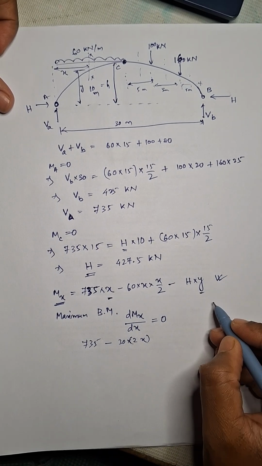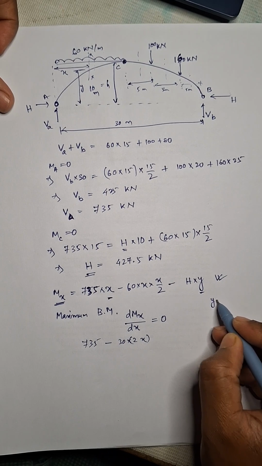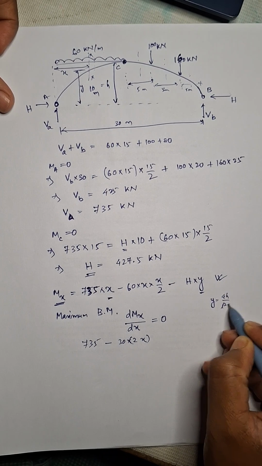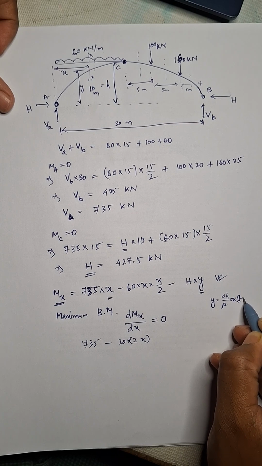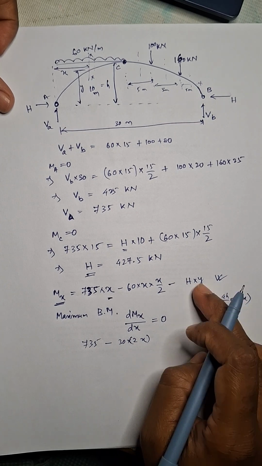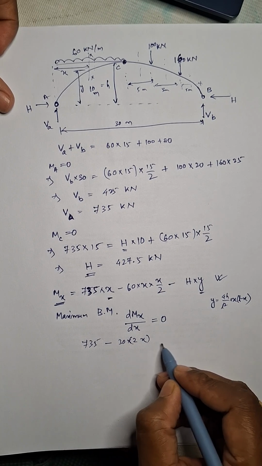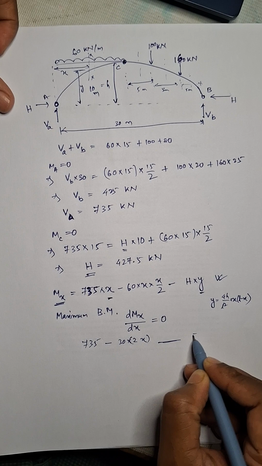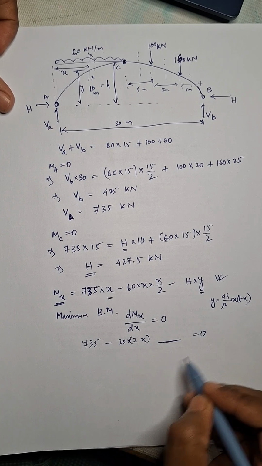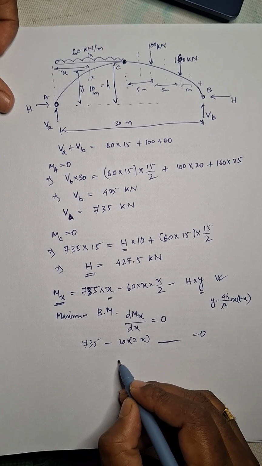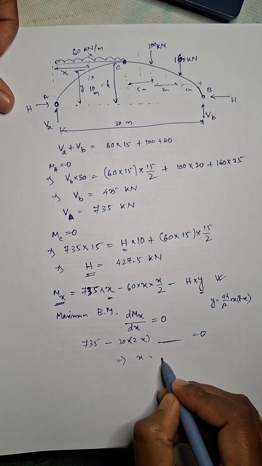How? For a parabolic arch, y equals 4h by l squared into x into l minus x. If we put this here, we can again differentiate with respect to x, giving one equation equal to 0. You need to solve it on your own, and from this we can find the value of x.